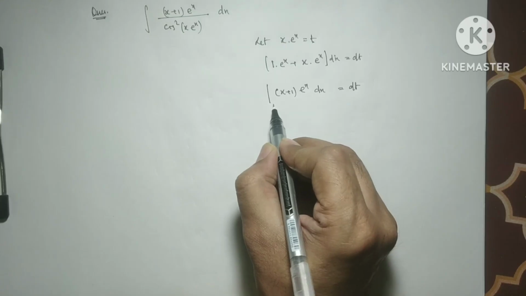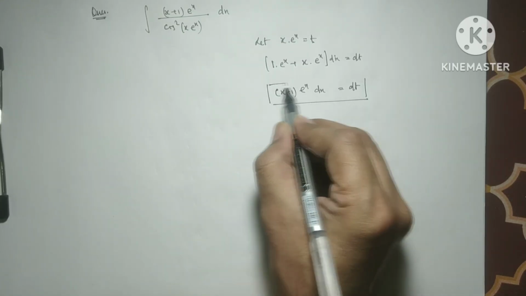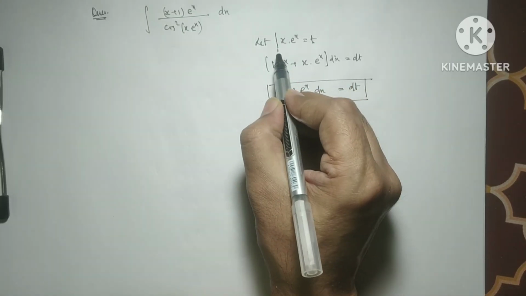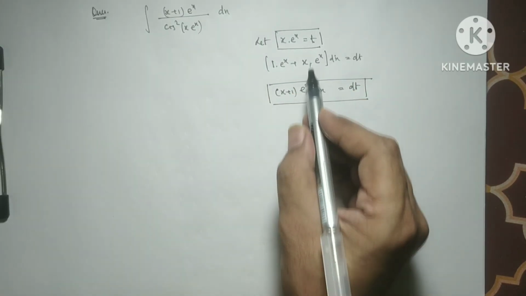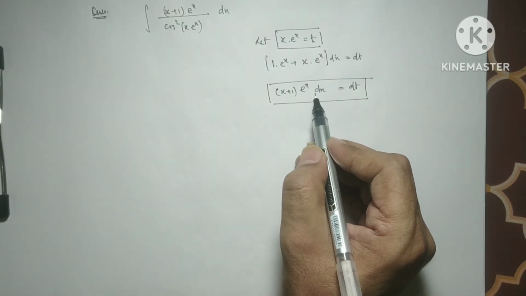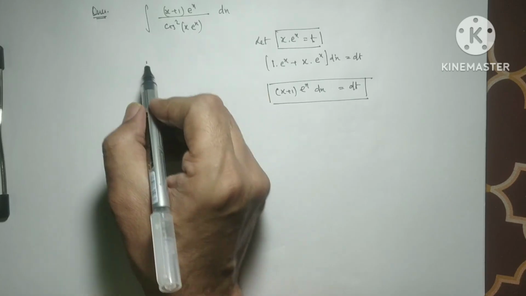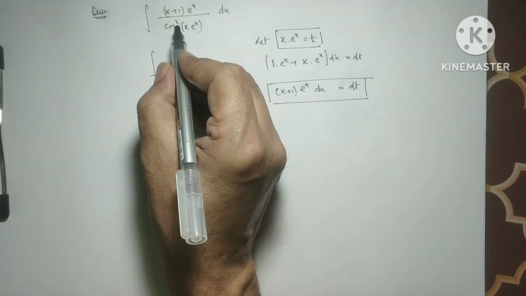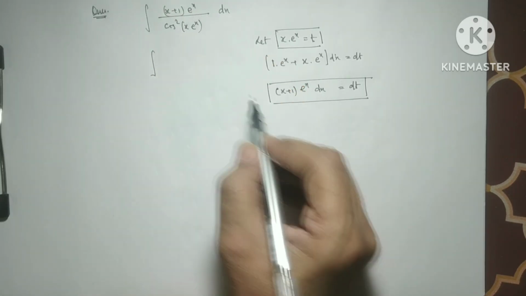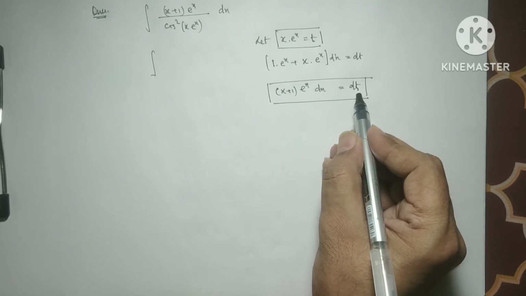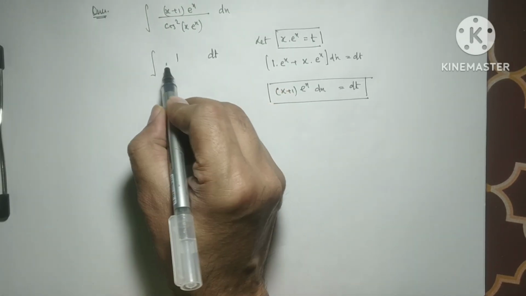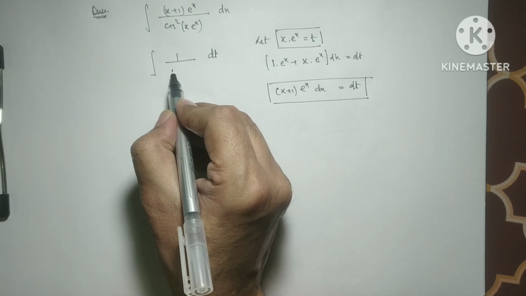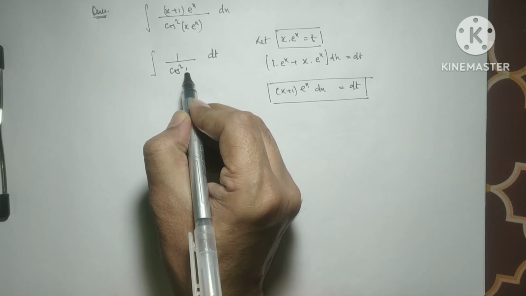So these two are the substitutions. We put these substitutions in this question. So the numerator is this, so we can place dt in place of numerator, and the angle of cos square is t.